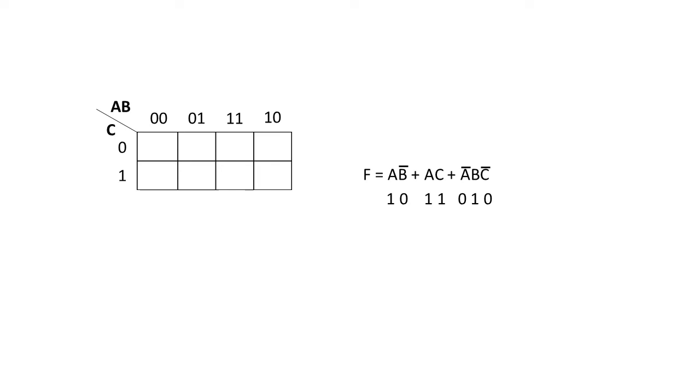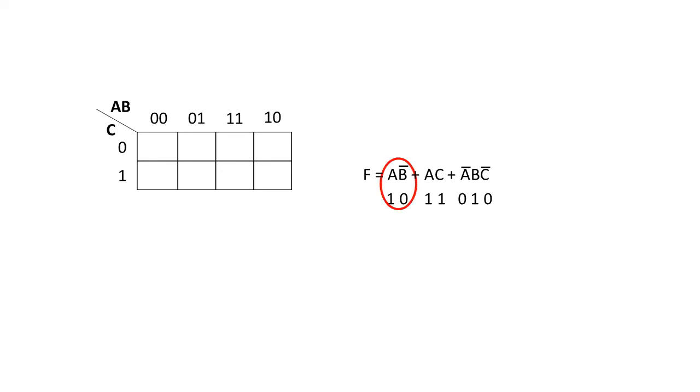The value will be 1 0. Why? A is positive, 1, and B naught means the opposite of 1, that is 0. A C, both are positive, high value, 1 1. And the last one, A naught B C naught, should be 0 1 0.